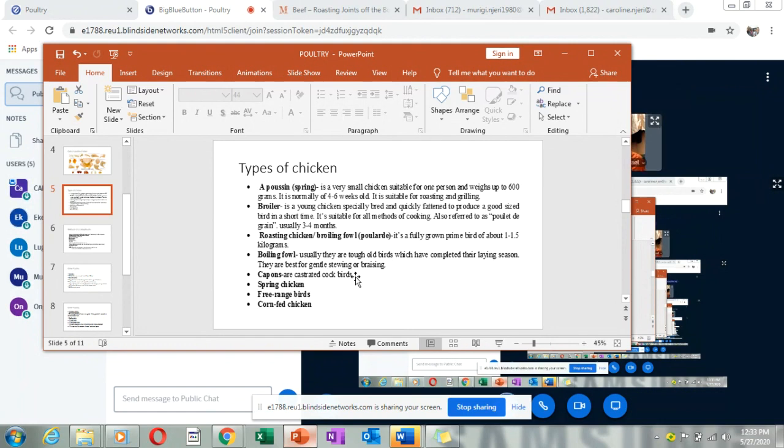So the spring chicken and the cuisine are more or less the same thing. So I think that is just a repetition. Then we have free-range birds. Free-range birds are birds that you rear in a very big space.